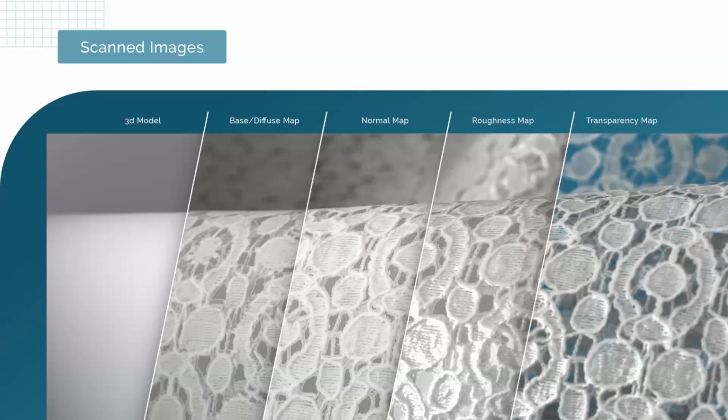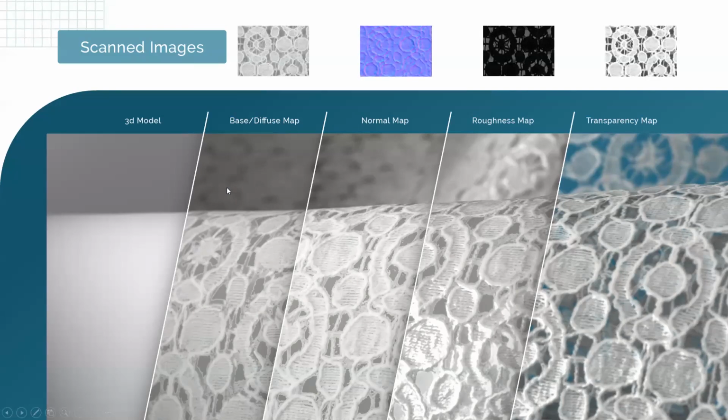So a digital fabric's texture, it's actually a set of images, like these. So here in this example, on the left, we have the 3D model with no texture applied. And then next we add the base or diffuse texture. When we add the normal map, we get a little bit of lighting information.